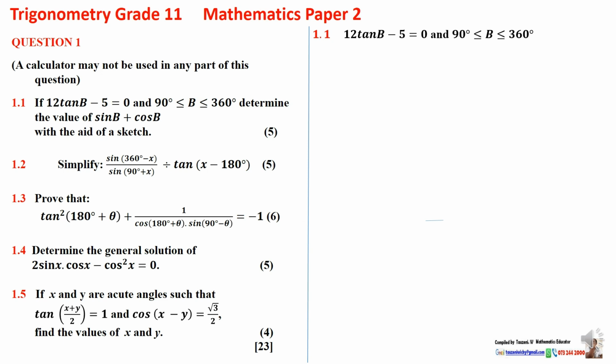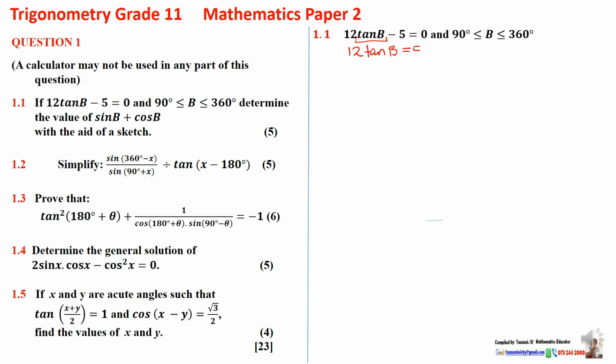First of all, make sure that the tan, sine, or cos given is the subject of your expression. So here I'm going to move the 5 to the right hand side, so that I can get 12 times tan b equals 5.